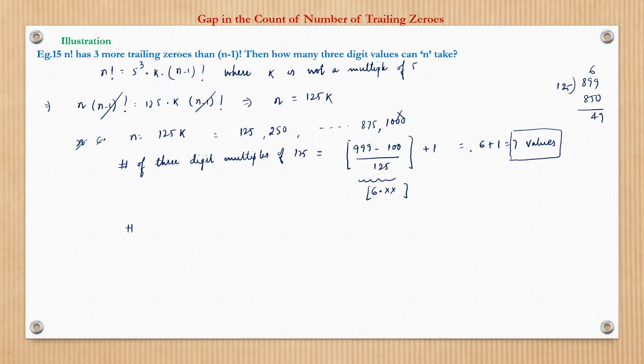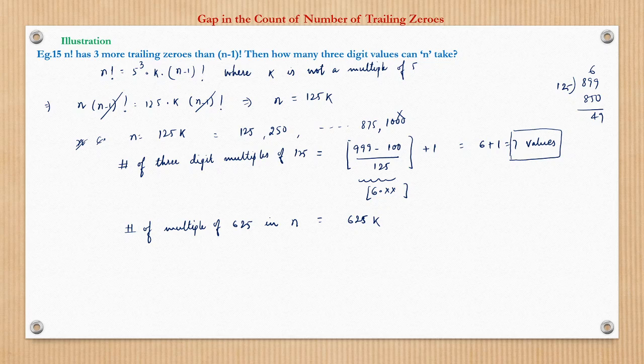But this also contains, we need to subtract the case if there is any case which is of the form 5 raised to power 4. So we have to find the number of multiples of 625 in n. So that is nothing but 625k.